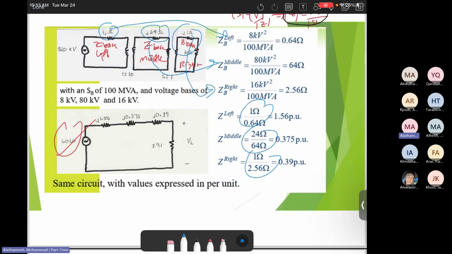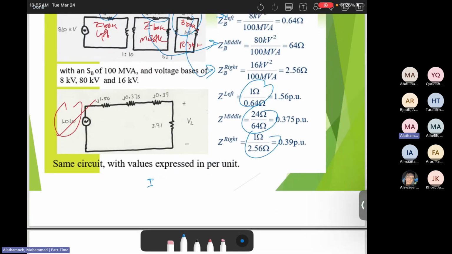How to calculate it? It's a single loop. Then you can say I will be V source divided by the sum of the impedances, which will be 1 angle 0 divided by j1.56 plus j0.375 plus j0.39.